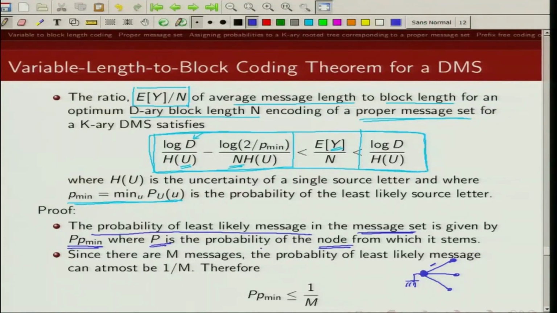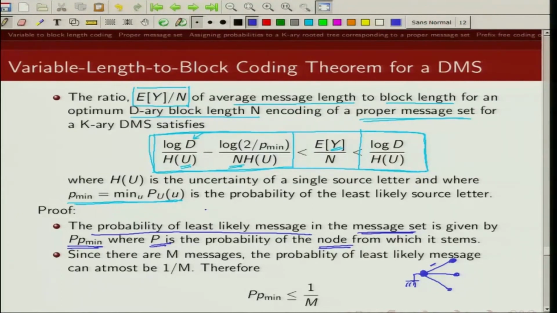And what are the messages in the proper message set? The messages are nothing but the leaves of the proper message set. So the claim I am making is that the probability of the least likely message, which corresponds to a leaf in a message set, is given by p times p min, where p is the probability of the node from which it stems and p min is the probability of the least likely source letter.